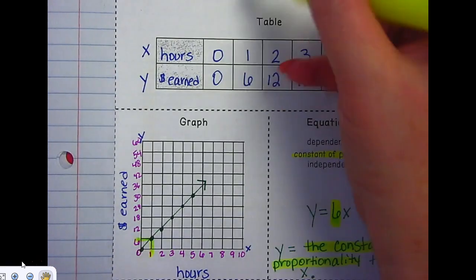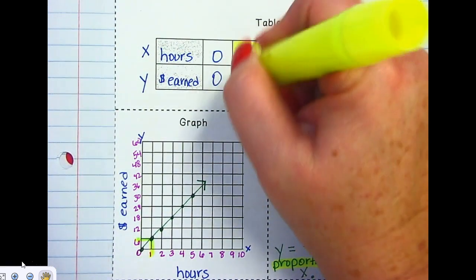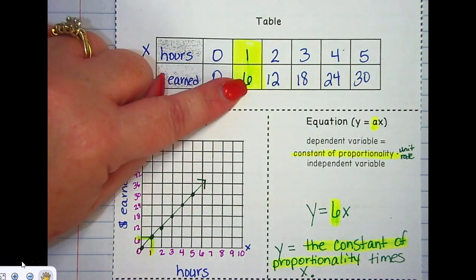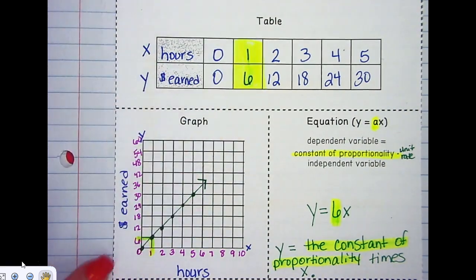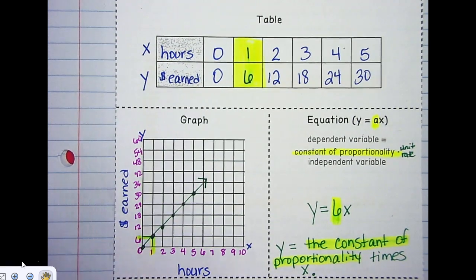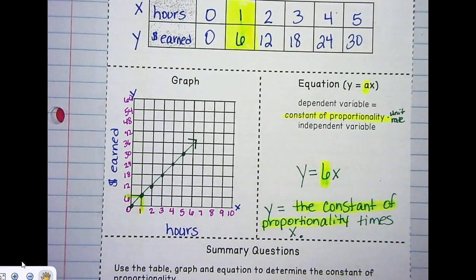So on a table, here's my constant of proportionality, where the 1 is. 1 hour is $6. My constant of proportionality is here. 1 is $6. And in an equation, y equals the constant of proportionality times x. You have to be able to find that relationship in all three of those different versions of the problem.